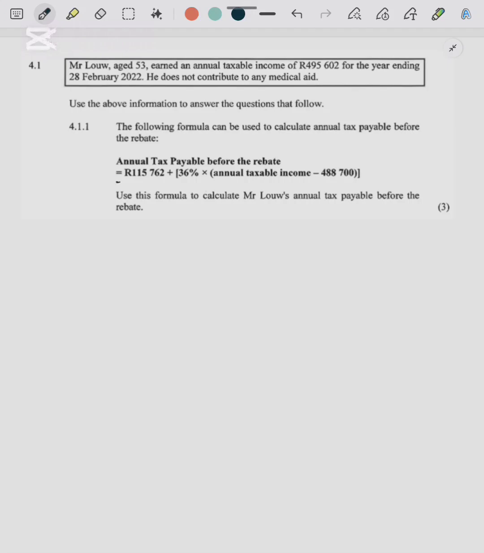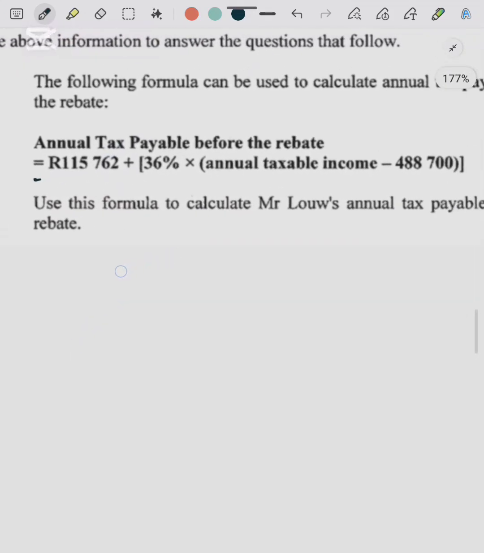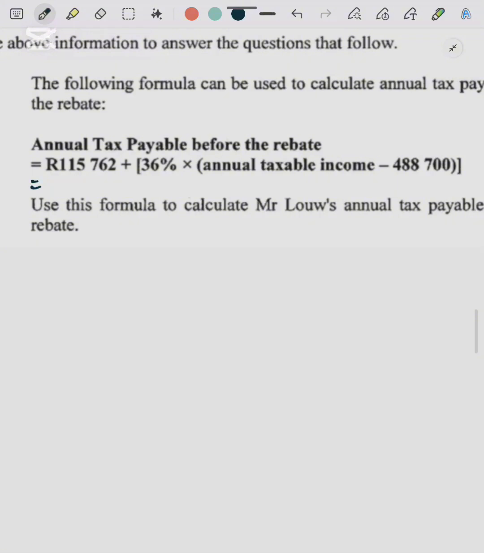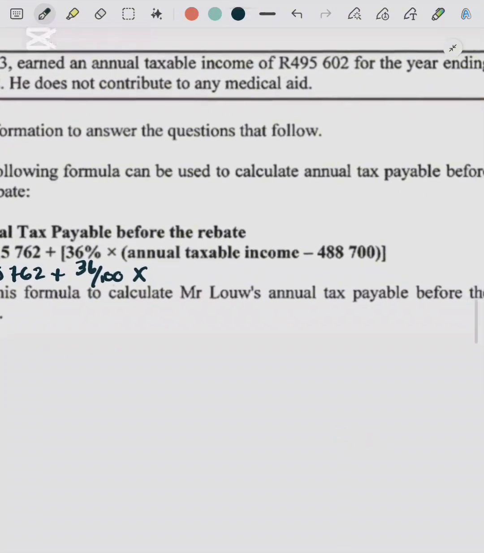So I always say rewrite your whole formula out, make it a little bit bigger, and then you fill in all the parts we know. So 115,762 plus 36%, well 36% you can write as 36 over 100, multiplied by annual taxable income, and for him our annual taxable income was 495,602 minus 488,700, and that's because that's given over there.